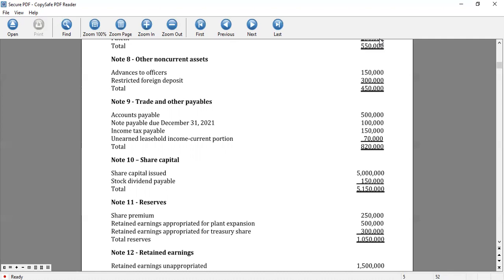So, part of the reserves share premium 250,000, retained earnings appropriated for plant expansion 500,000, and retained earnings appropriated for treasury stock of 300,000.